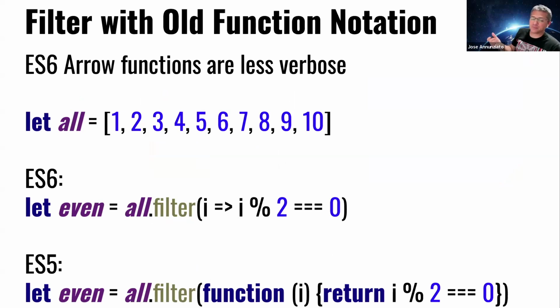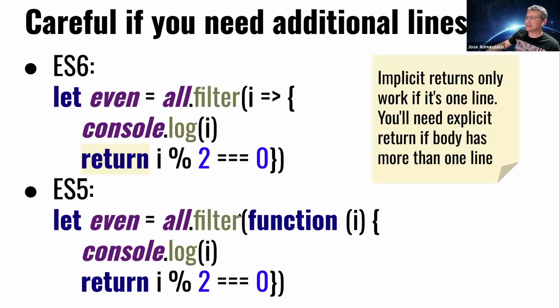There's no place to put a breakpoint, so you could step through this. The only way you can step through it is to convert this into a return statement, like this. So for instance, here, instead of using the regular arrow function, we are putting a return.